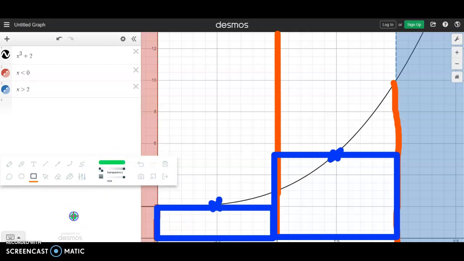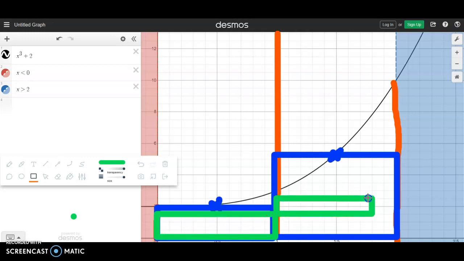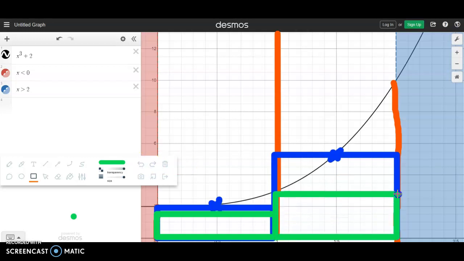I can also go back and compare. In green we have the left-hand endpoint, and you can see how the midpoint is much closer to the actual value than the left-hand endpoint.